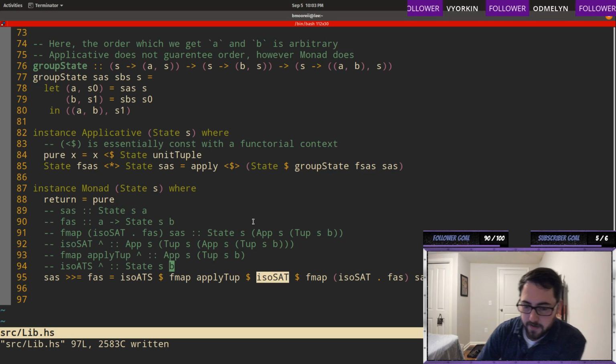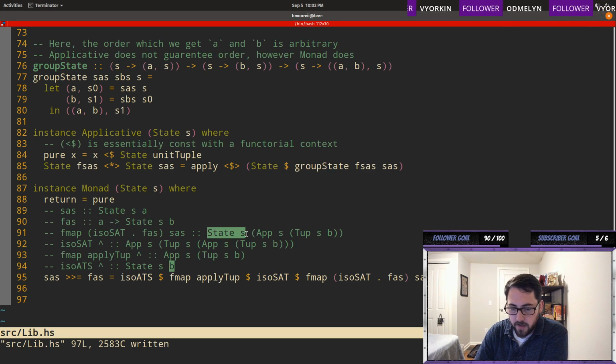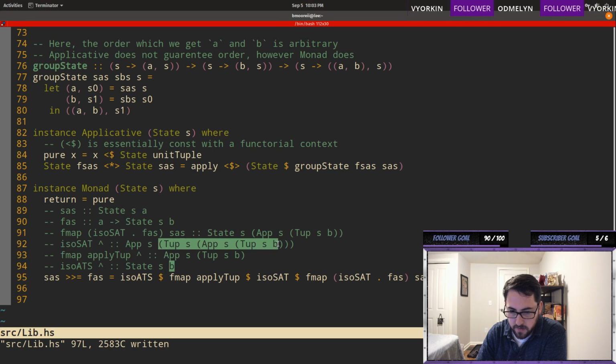Or, well, let me say that more clearly. We're unrolling or converting the outer piece so that we can flatten. And that's what the apply tup is doing, flattening this inside piece here so that we can convert it back to a state. Am I saying that correctly or approximately correctly? I hope so.